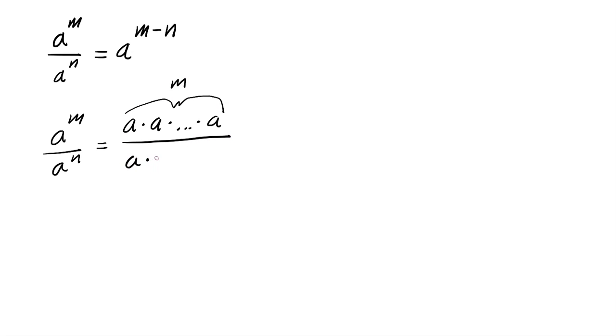And here we have a multiplied by itself n times. So this is a fraction. If we simplify this fraction pairwise, shortening them out, then we'll see how many we will end up with. Yeah, if m is larger than n, then we just remove n of these from m. We will remain with this many. And if this number is less than this one, then the remaining ones will end up here.